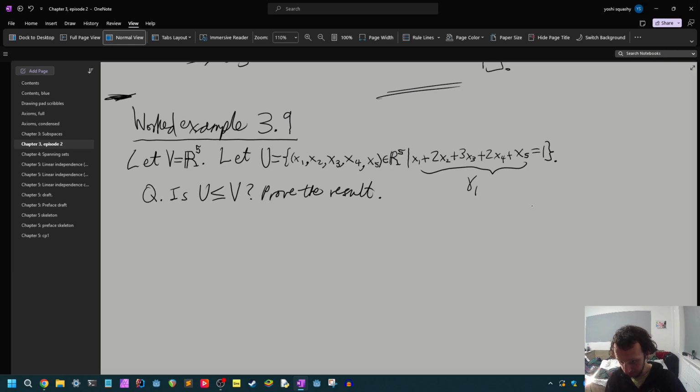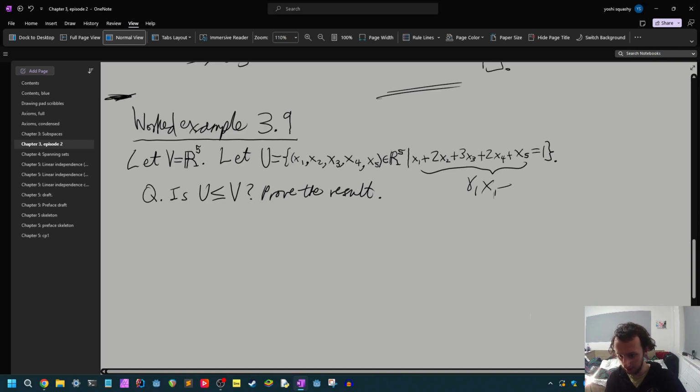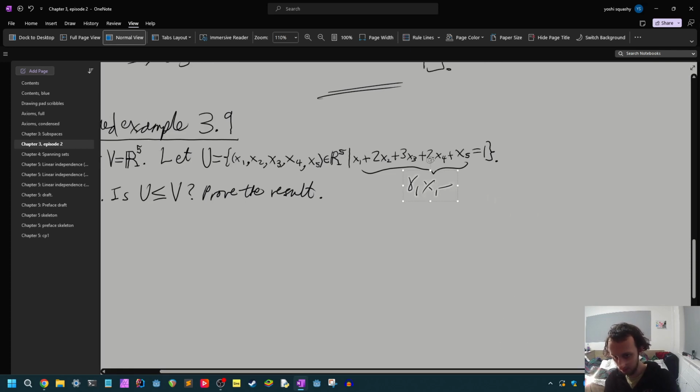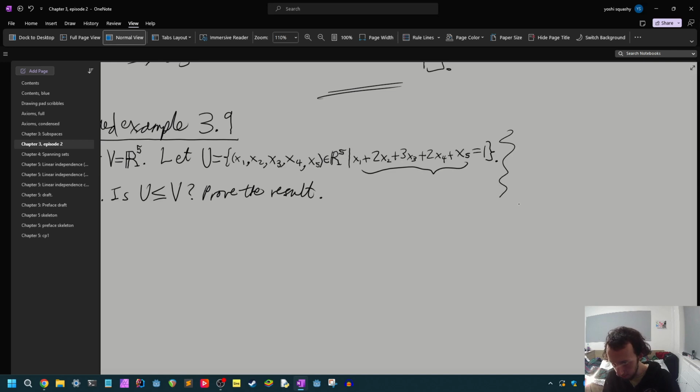Okay, so we've got lambda 1, x1, plus lambda 2, x2, oh, this isn't this form. Maybe I should do this over here to make it clear. This is just general linear equations theory.